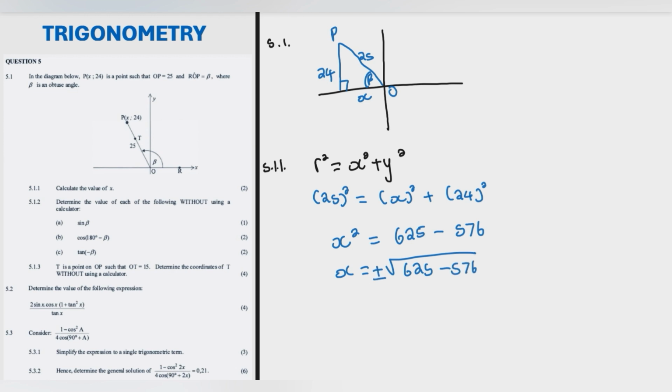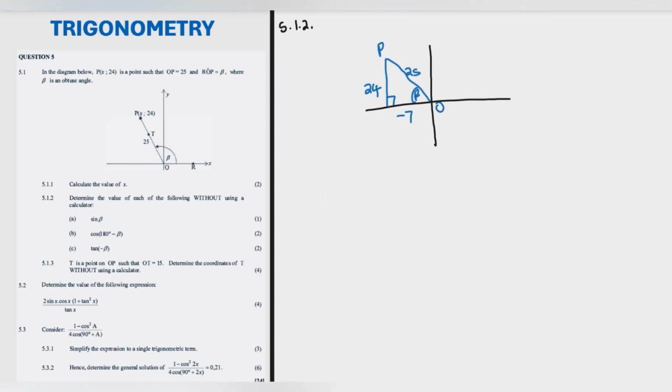Remember, the square root gives you two solutions, but because our point is in the second quadrant, and in the second quadrant x is negative, your final answer will be -7. So our x is -7. That's your final answer. For 5.1.2, we'll still use our diagram from the previous question.